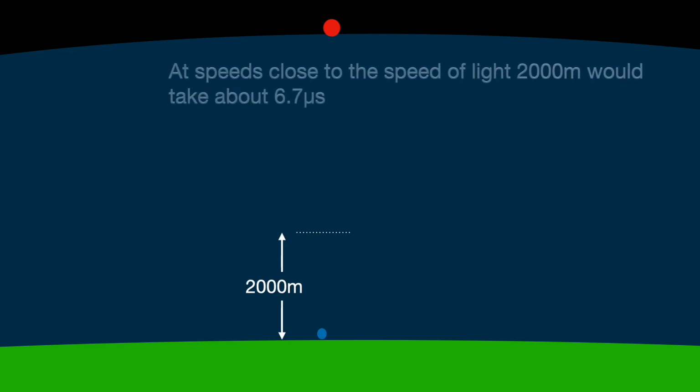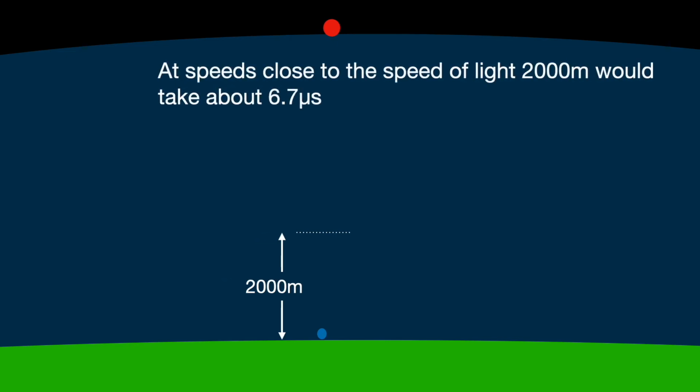If the number of muons arriving at, say, 2,000 meters above the ground is measured, and then that is compared to the number of muons which actually arrive at the ground, you would expect there to be a large difference. At speeds approaching that of light, 2,000 meters would take about 6.7 microseconds.